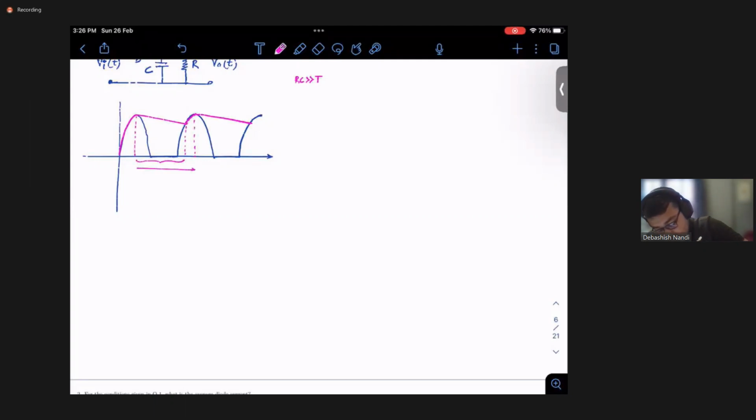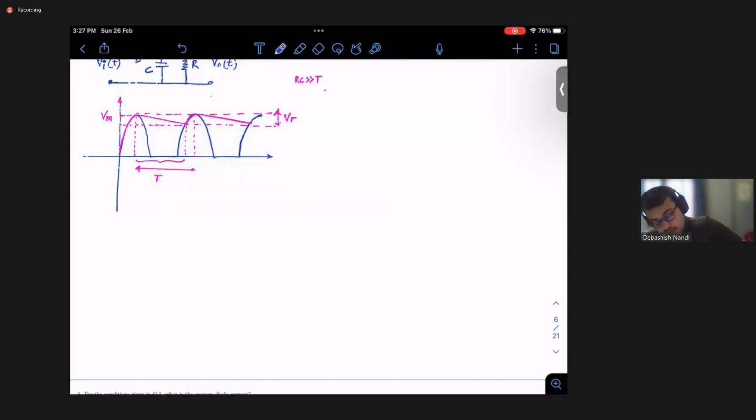Okay, so we'll consider the discharge time of the capacitance equal to the time period, and this is your Vm, and this value is your Vr.